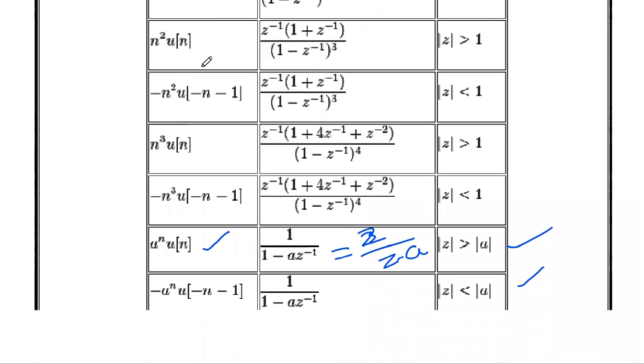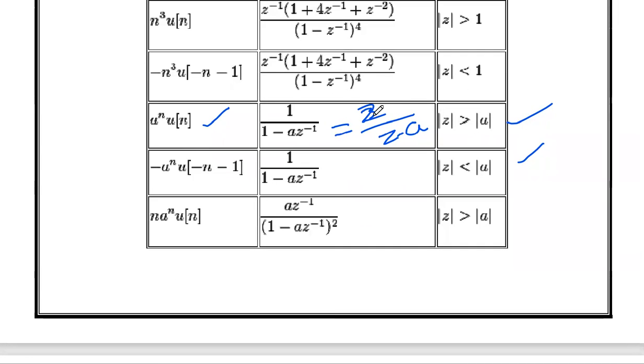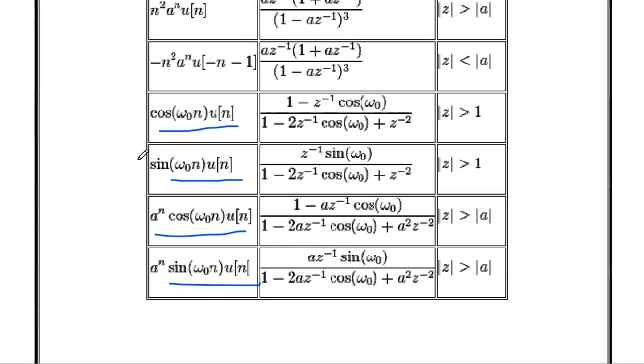Then these are the different signals. A power n u of n has the Z transform z by z minus a, with modulus of z greater than a. Then A power n u of n and minus a power n u of minus n minus 1 have the same Z transform value, but the ROC is greater than a for one and less than a for the other. Then cos omega naught n u of n, sin omega naught n u of n, a power n cos omega naught n u of n, a power n sin omega naught n u of n.